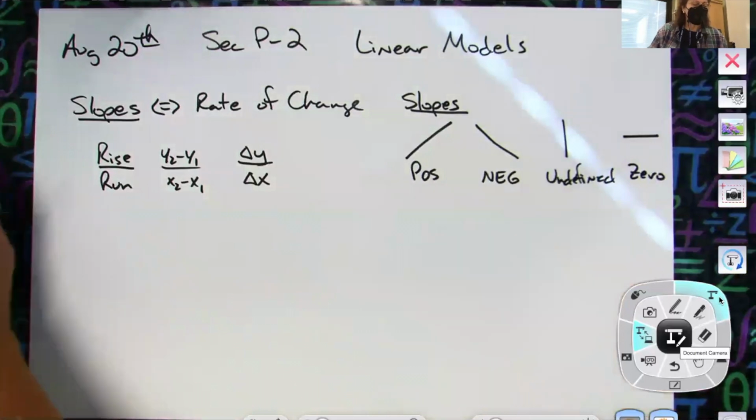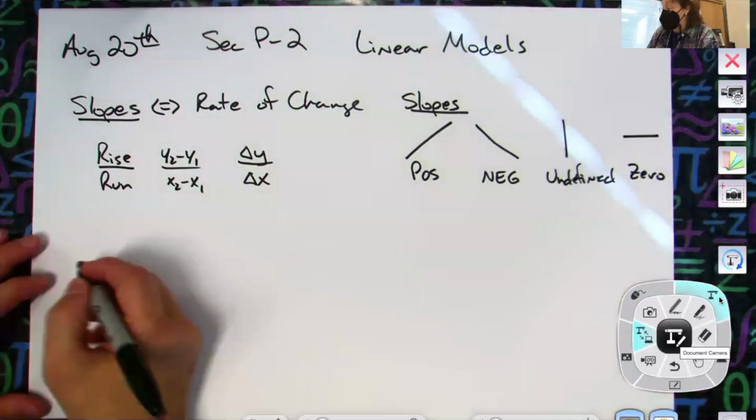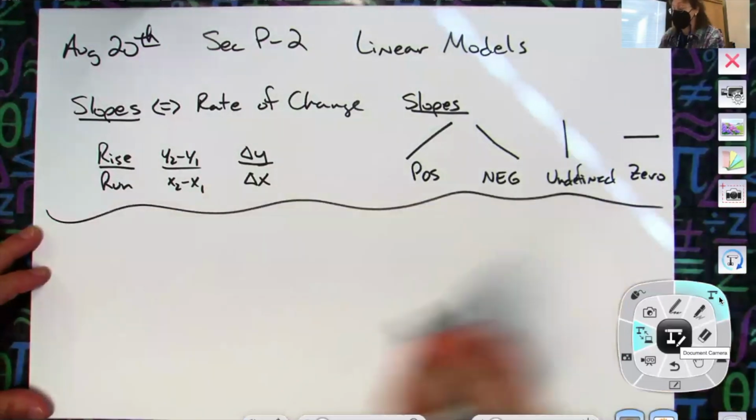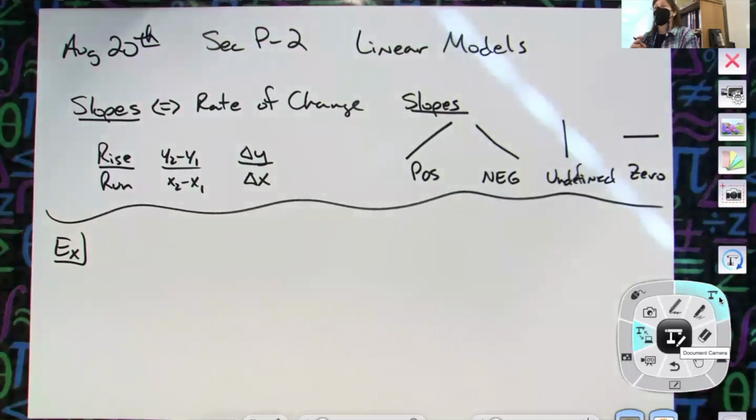Now, could we apply this concept of slope to questions that you've not seen before? Can you just think this through? As an example, I don't know what kind of questions you're going to necessarily encounter in the homework, but it might be something similar to this.